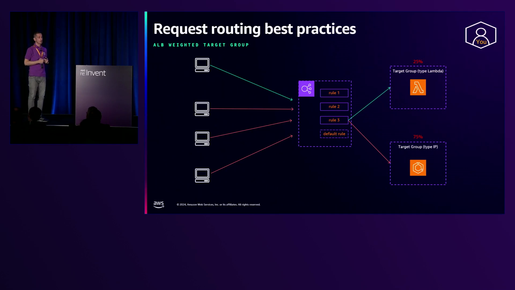And in this way, they could test their new version of the application with some real client requests. Then if they want, they can also turn on the stickiness at target group level. And in this example, it means that a single client will be routed consistently to the same target group, meaning the same version of the application.